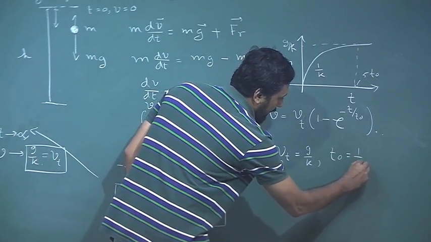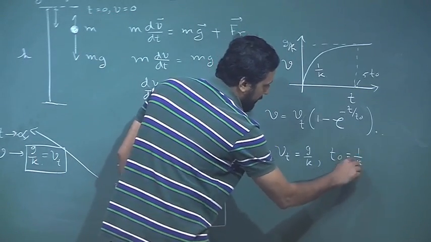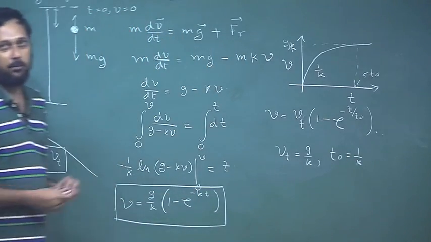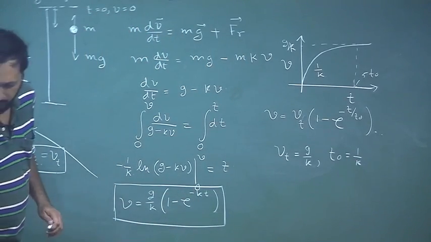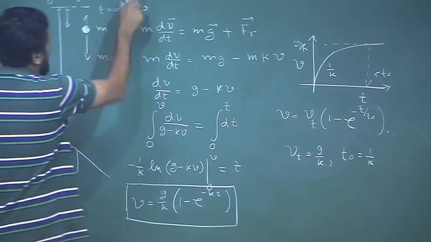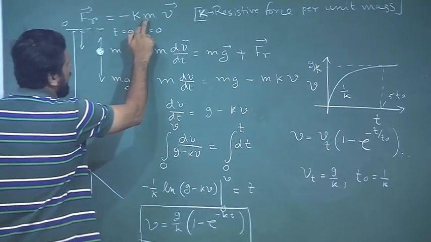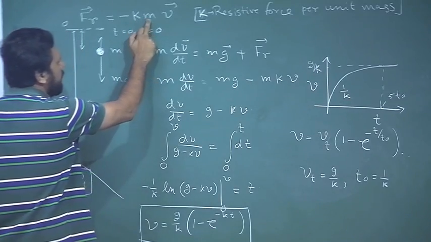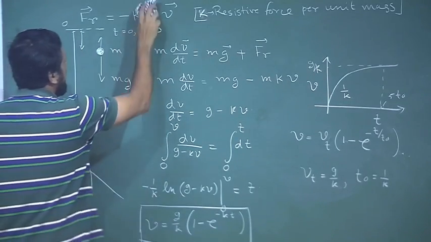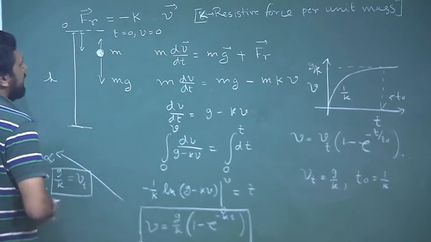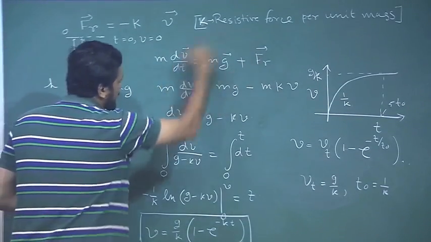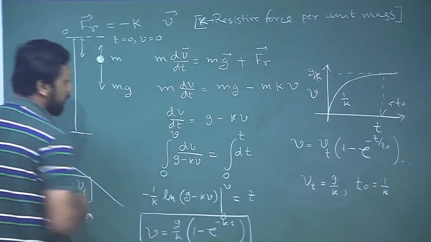If you know k, then we can always simply calculate 5 by k and say this is the time to reach terminal velocity. Now, please remember we have used minus kv here. Instead of taking resistance force per unit mass, if we simply take this expression as kv, then your equation will be modified and also your final expression will be modified.